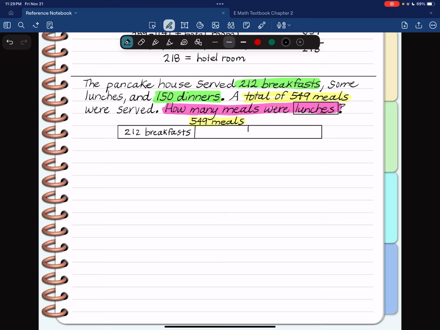And then we know that there were 150 dinners. So these are those green pieces of my problem. We know that one and we know that one. We do not know the number of lunches. That's what we want to know. How many lunches?